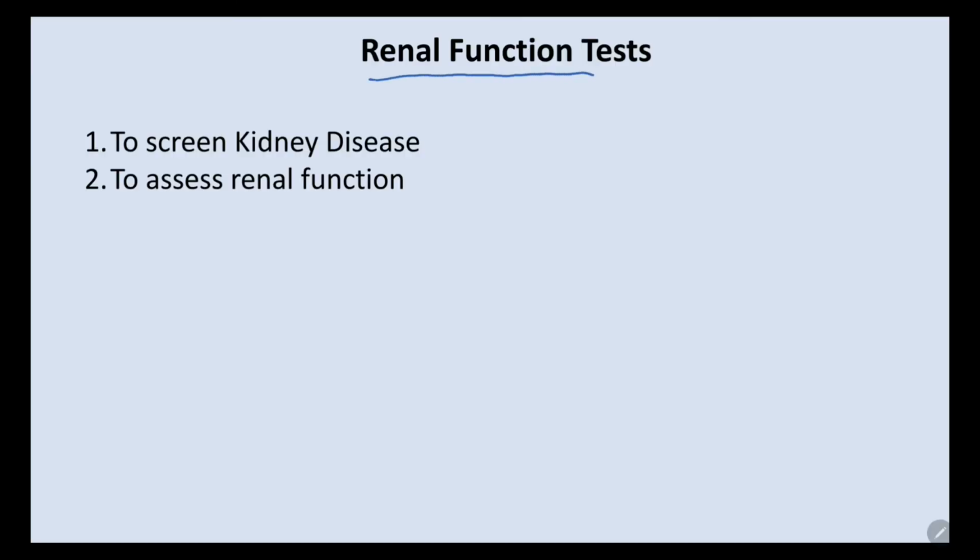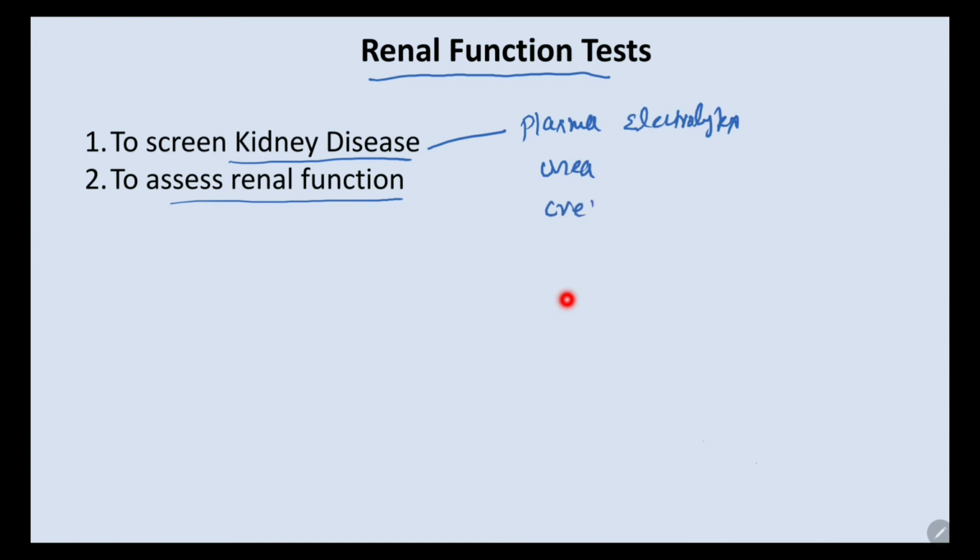The last one is the RFT, that is renal function test. Why do we do the RFT? To screen kidney diseases and to assess renal function. If you are screening for kidney diseases, these parameters will be estimated: plasma electrolytes, urea, creatinine, and complete urine analysis.